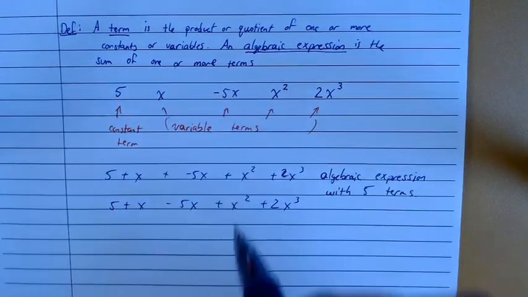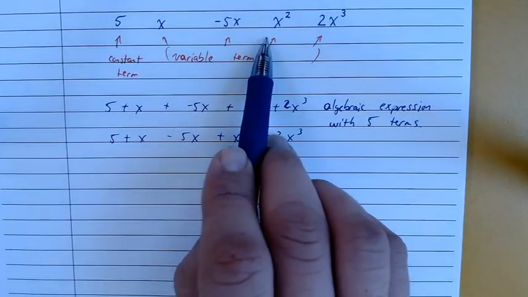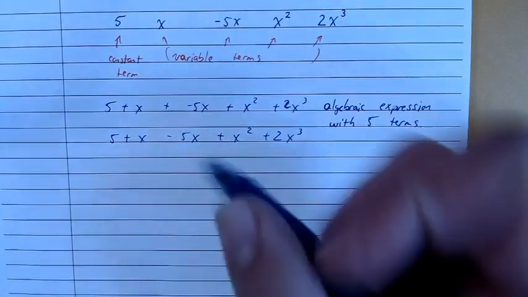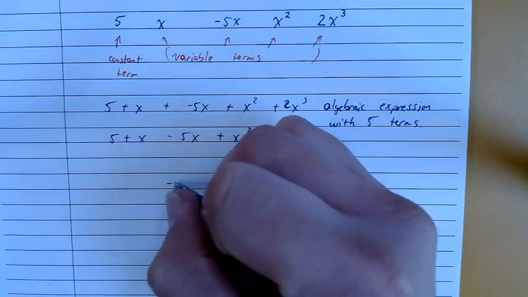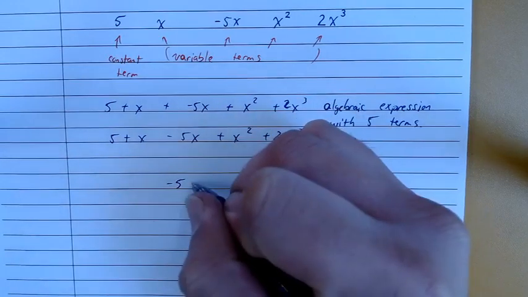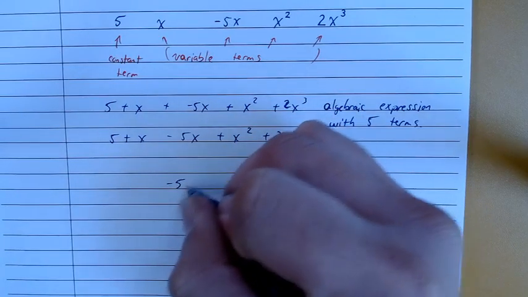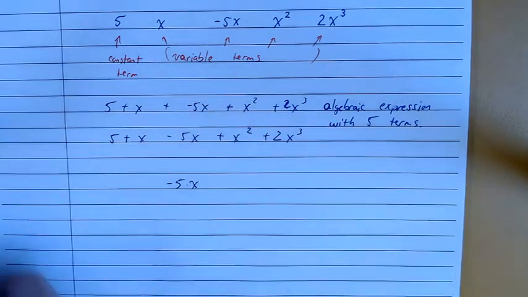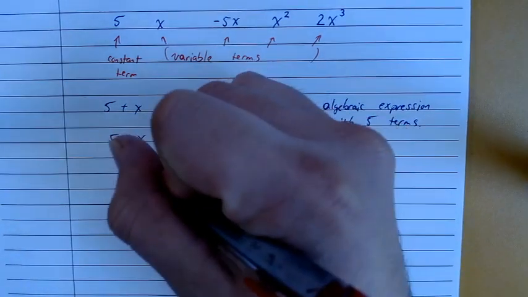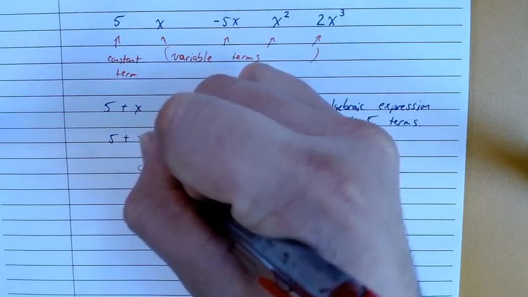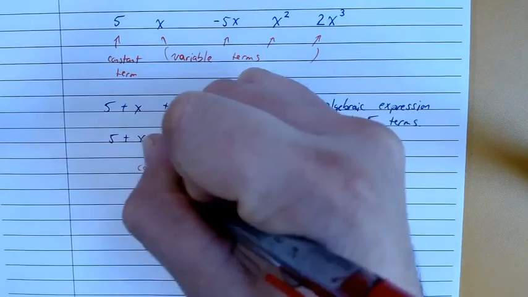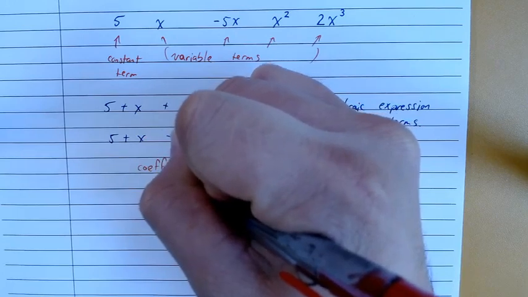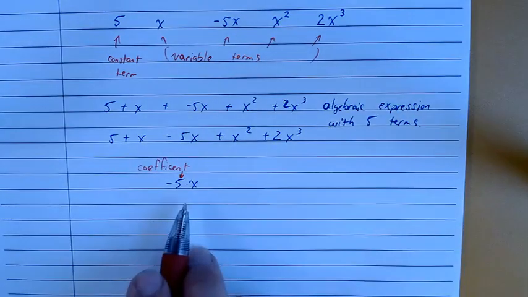Whenever you have a term that has a variable and a number in the front, say for example the minus 5x, this number in front has a name. It's called a coefficient. So here this term has a coefficient of negative 5.